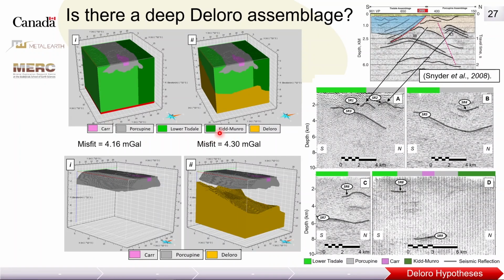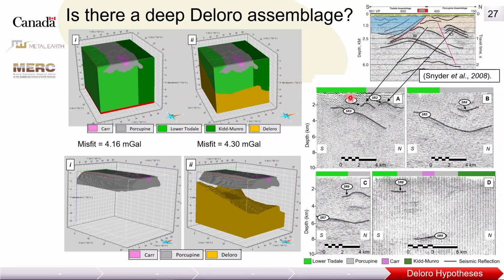So here we are comparing this scenario where we don't have the lower assemblage underneath the lower Tisdale. And on the right here, we have the lower assemblage, which is lower density than lower Tisdale based on these samples.